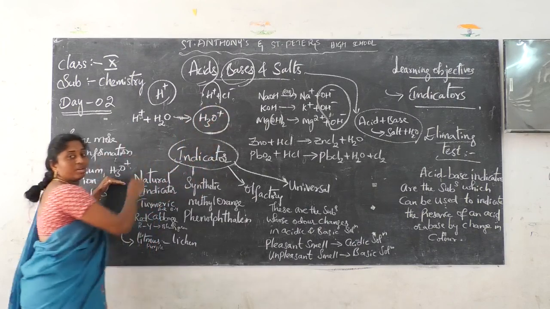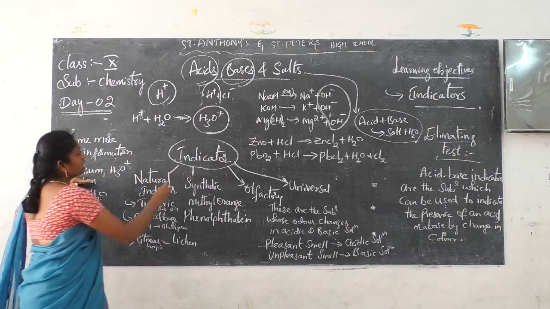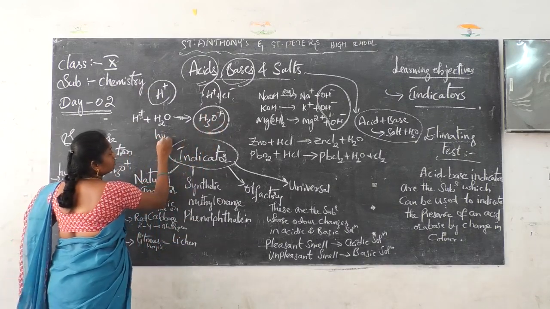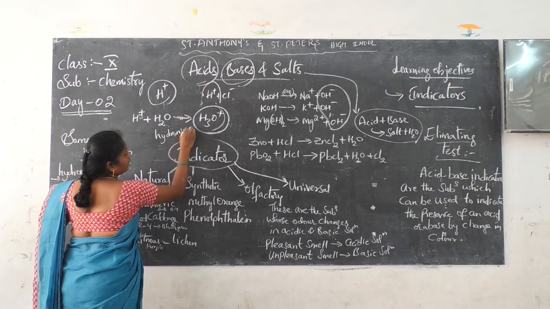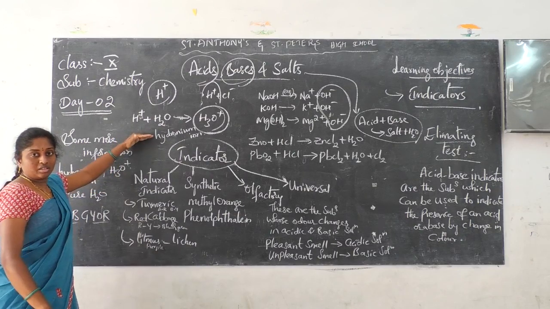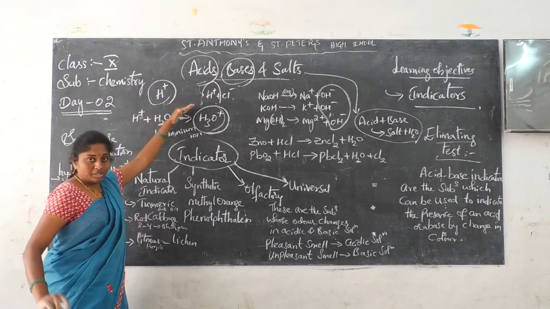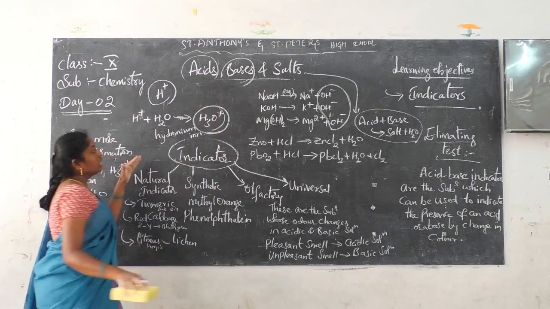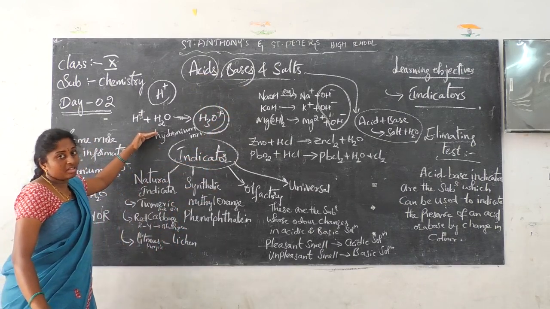So this is also an acid. It is known as the hydronium ion. So this also comes under the acid. Which means not only the splitting of H plus ions, even the H3O plus ion also comes under the acid.